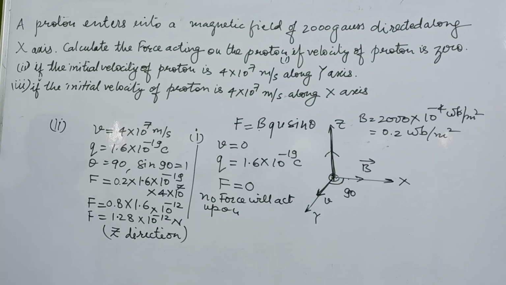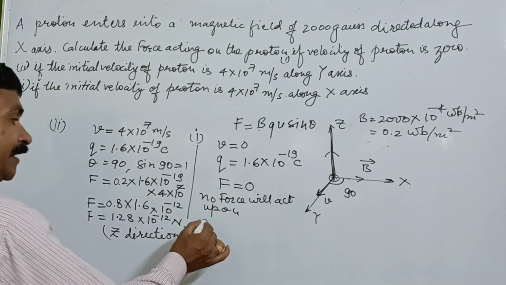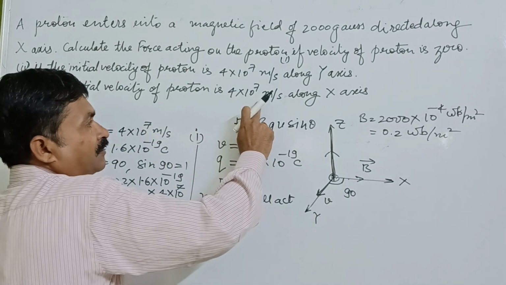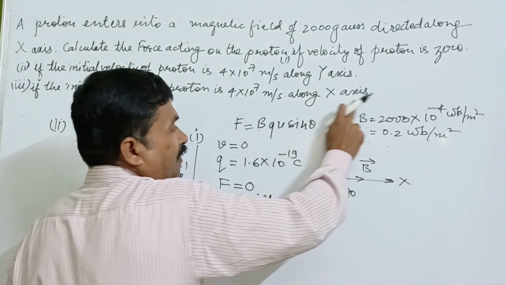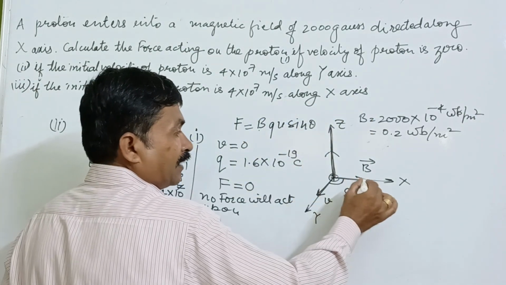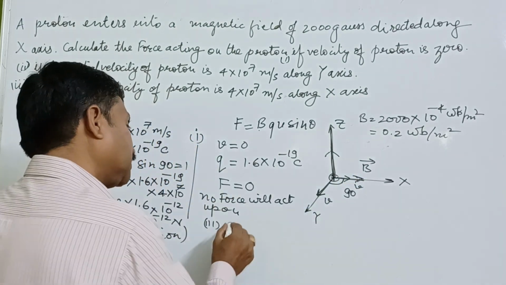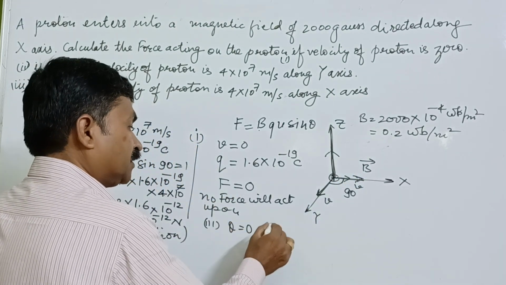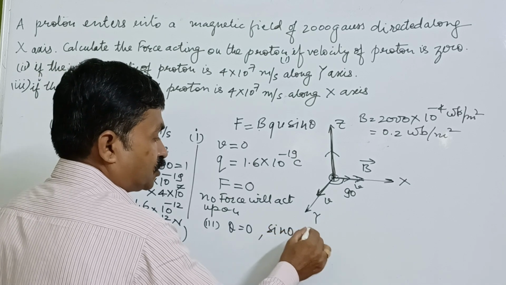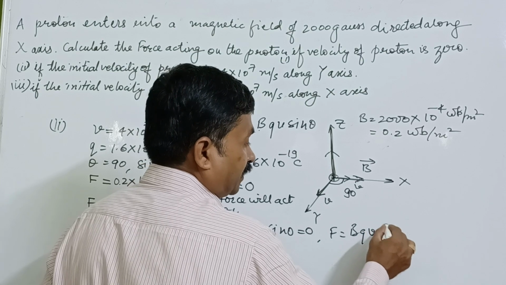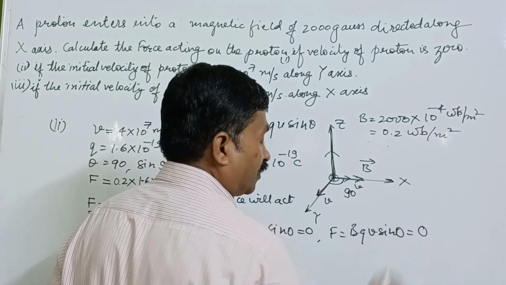Now the third case. If the initial velocity of the proton is 4 into 10 raised to the power 7 meter per second along the x-axis, both are in the same direction, so theta will be 0. Sin 0 is 0, and the force, that is B q v sin theta, is again going to be equal to 0.